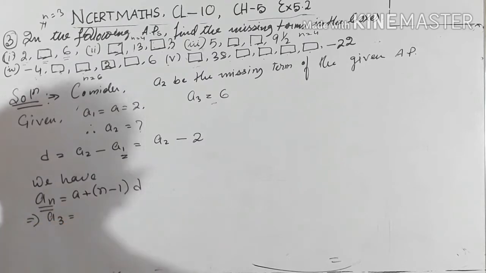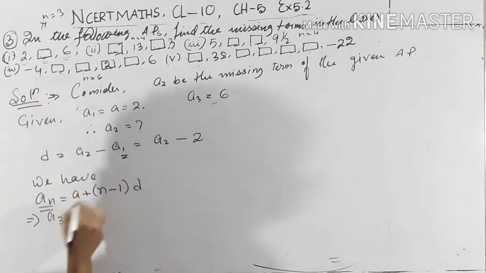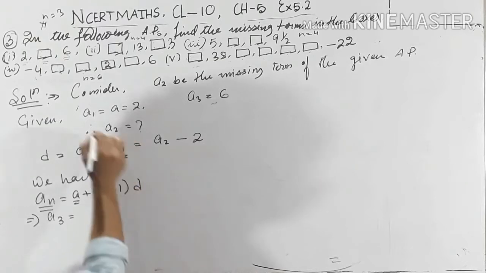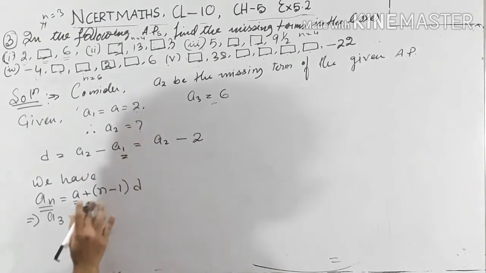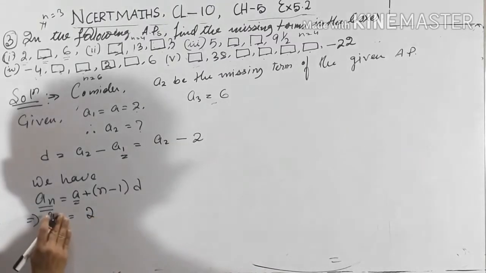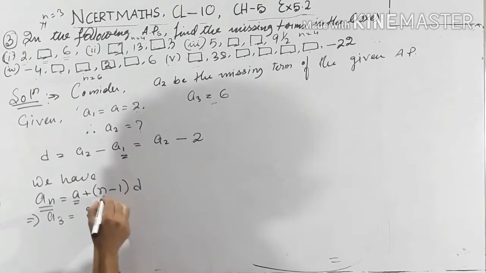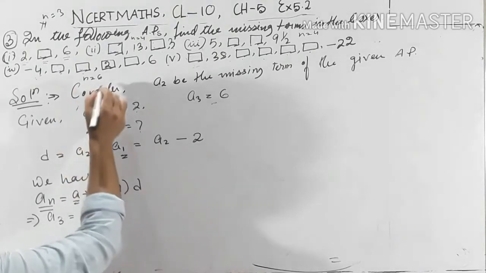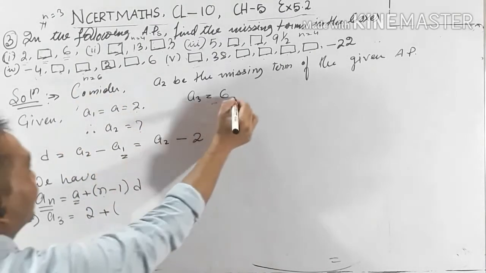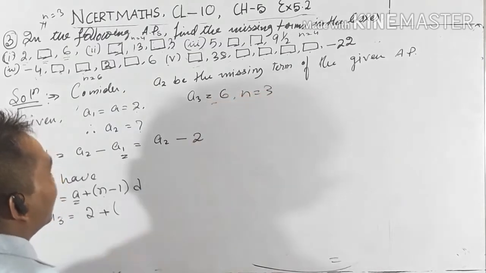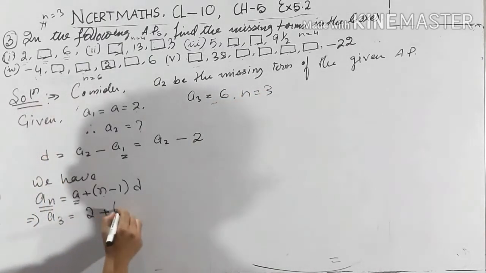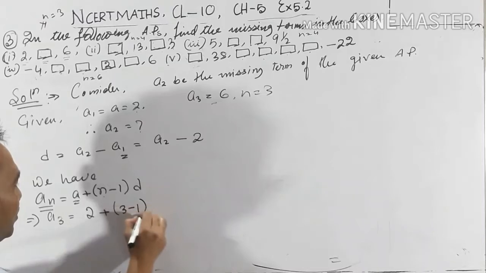The first term is given as 2, and A3 is also given. How many terms are there? 3 terms, so n equals 3. So 2 plus 3 minus 1 into d.